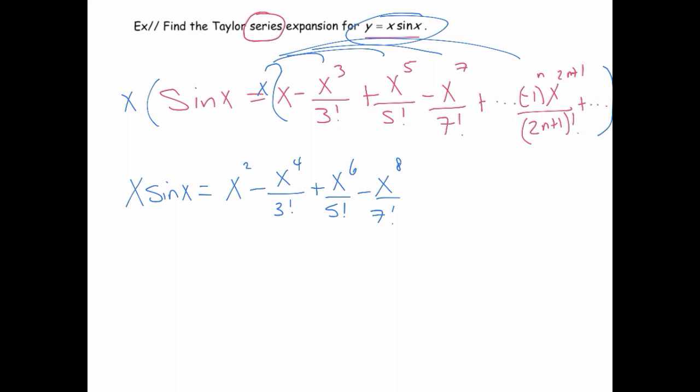So you see what's happening. It's just bumping the degrees up. So in the general term, if you want to bump this degree up, you just write x to the 2n plus 2 divided by 2n plus 1 factorial.